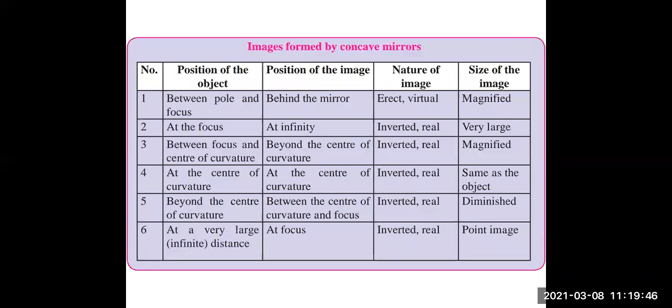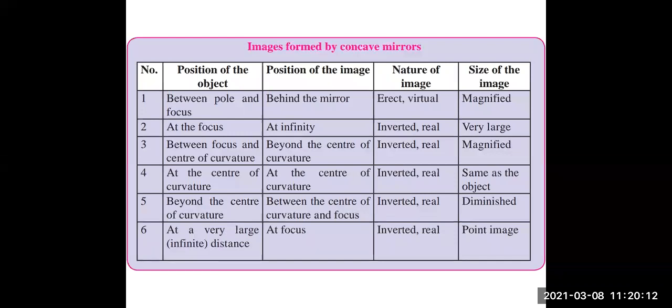But when you come behind the center of curvature, before C, you will get small images. The last one, at a very large distance, that is infinite distance, you get the image at focus, capital F, and the size of the image will be point image.